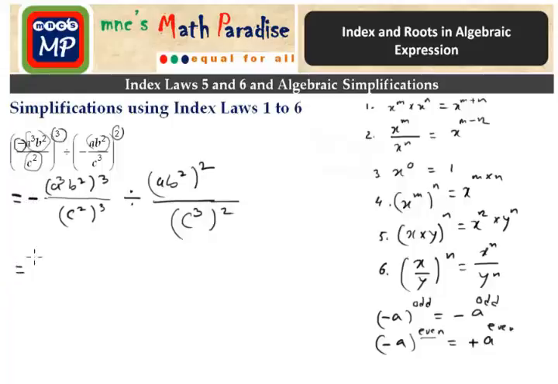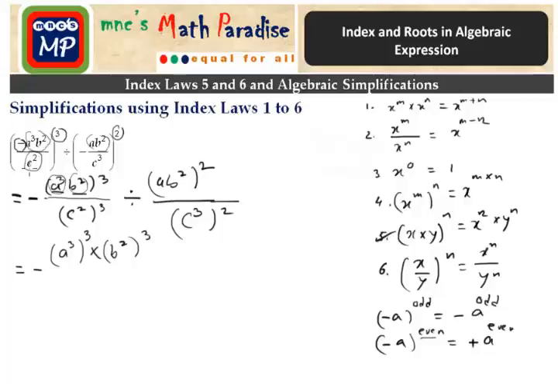So now if we distribute this common power on a cube and b square, because we got two different bases here, a and b, so minus a cube to the power 3 times b square to the power 3. So this common power 3 is now being distributed over a and b based on this formula.